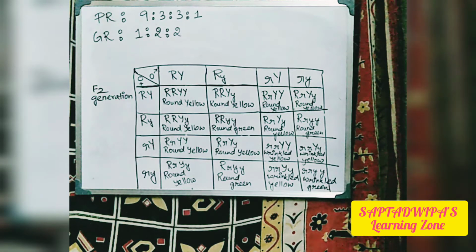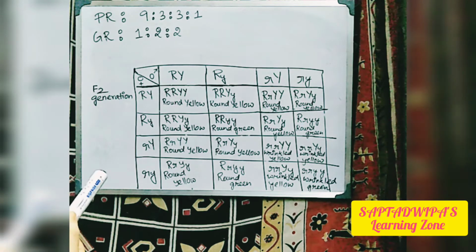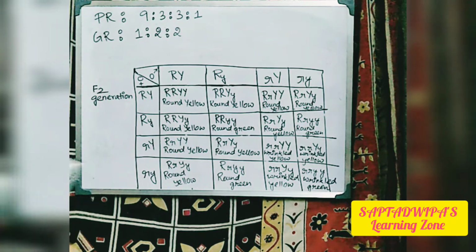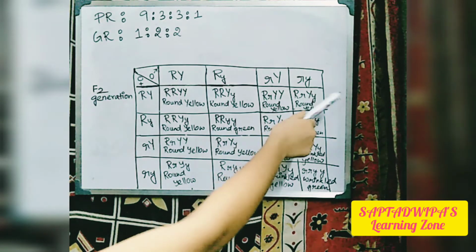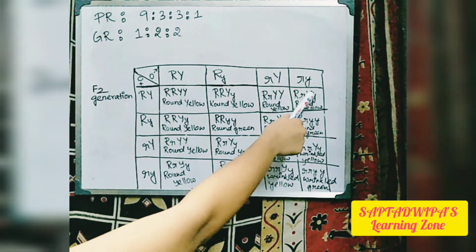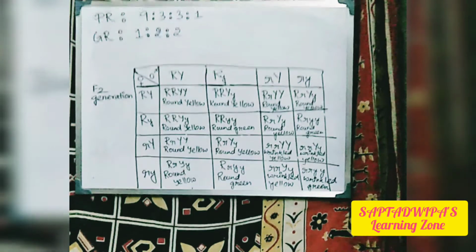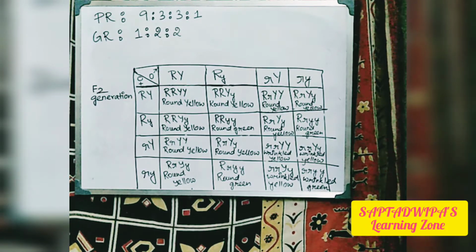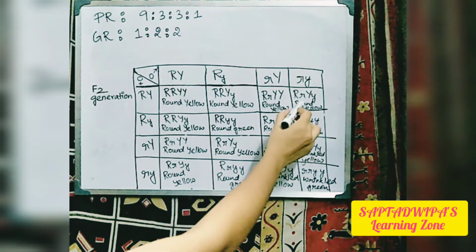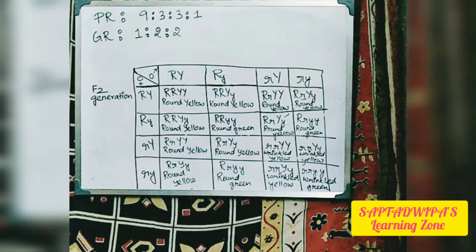Coming to this one. Capital R, small r, capital Y, small y. Here also we are getting this one and this one. Can you see?